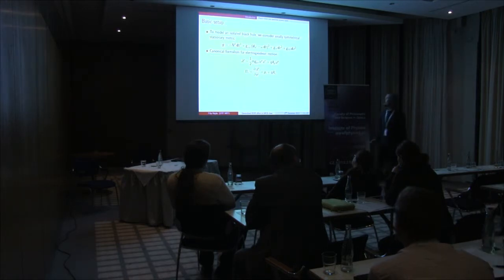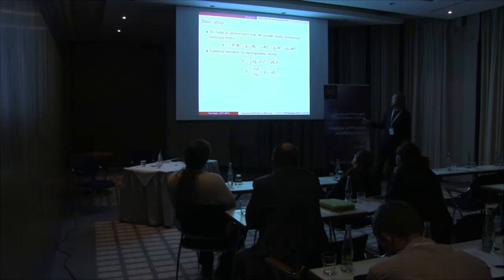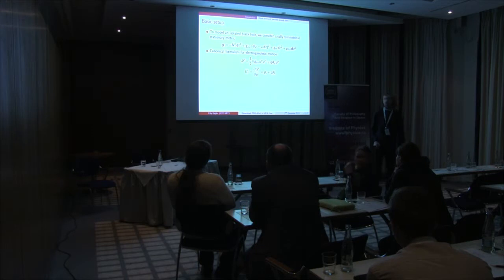Well, so what is our basic setup? We model a black hole with an axially symmetric stationary metric. Here is the lapse function, and here is the dragging potential. For the charged test particle, we use canonical formalism with this Lagrangian and this canonical momentum.